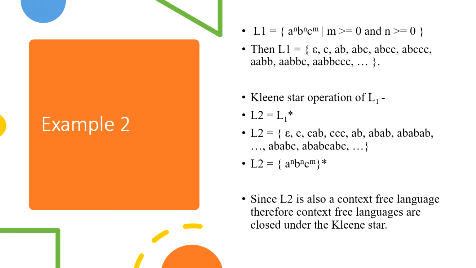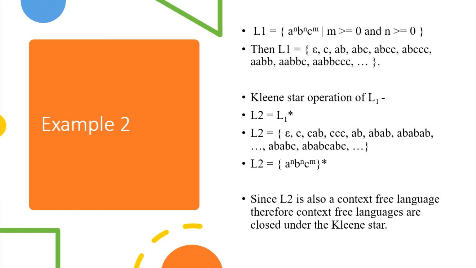Now when we do the Kleene star operation for L1, we get a set L2, which consists of strings like epsilon or any number of c's, or strings like ab followed by any number of c's. And now we can again see that this language L2 is also a context-free language, as we would be able to draw a pushdown automata for it.